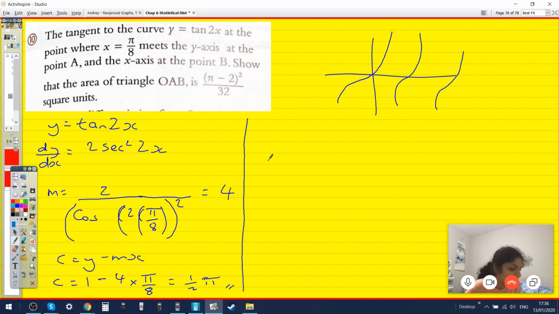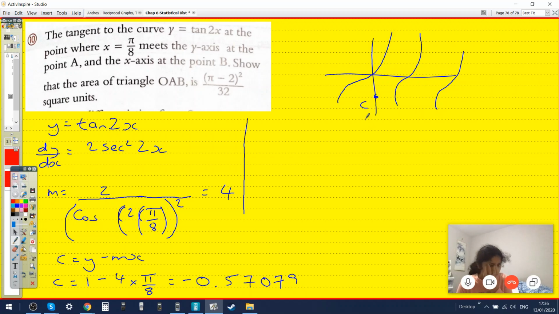Into y equals mx plus c. So was it y is 1, 1 minus 4 times pi over 8? Oh, sorry, silly me. Minus 0.571. Let's do it to 5 significant figures. 0.57079. Okay. So that's c.